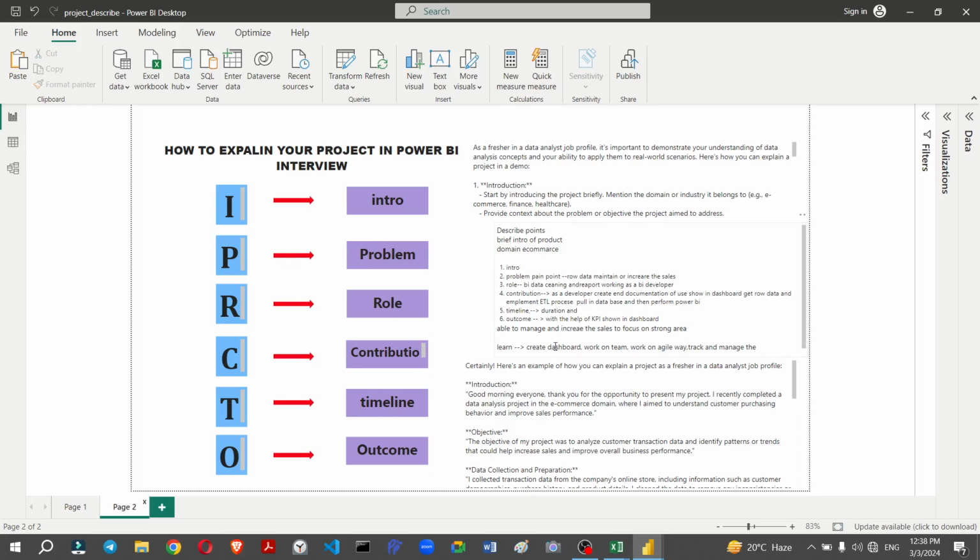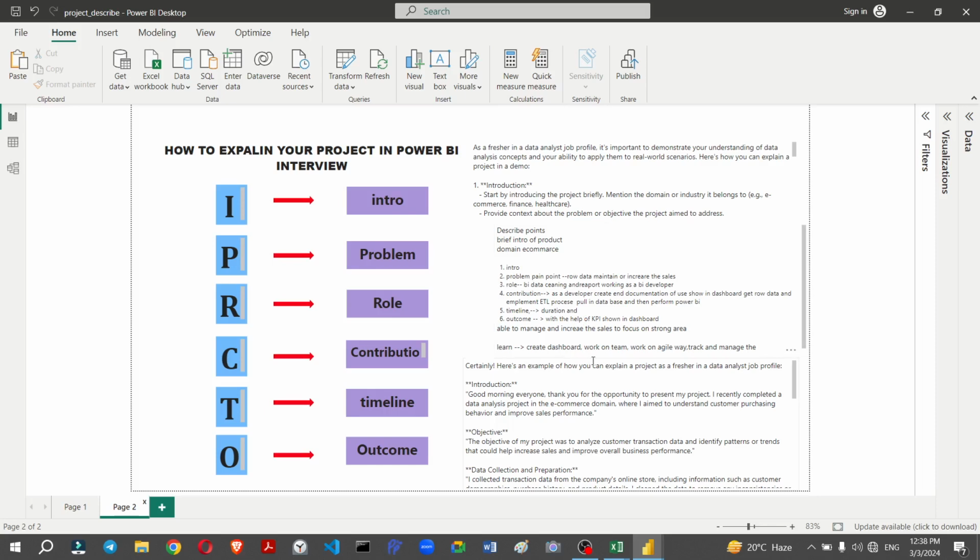And we work on the report side. The fourth one is contribution. As a developer, you create documentation for the client, such as a dashboard where they can turn raw data into useful insights for the company. This is your contribution.